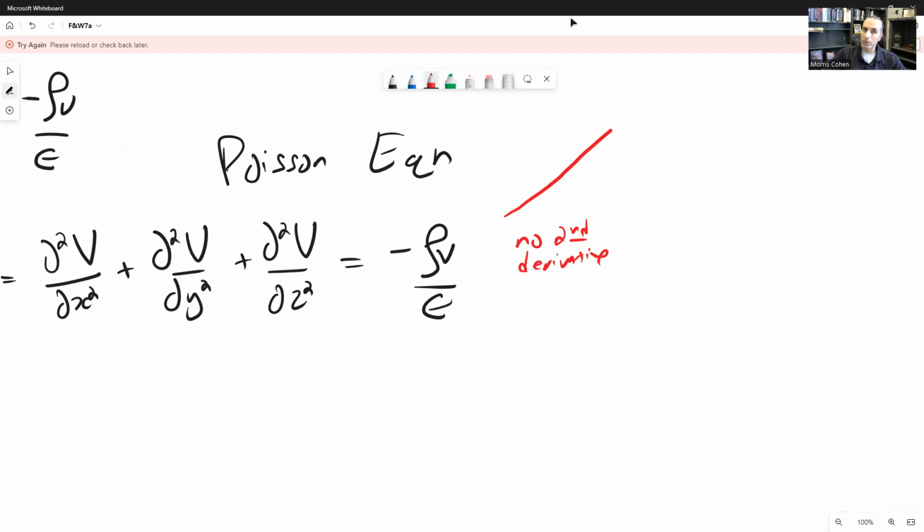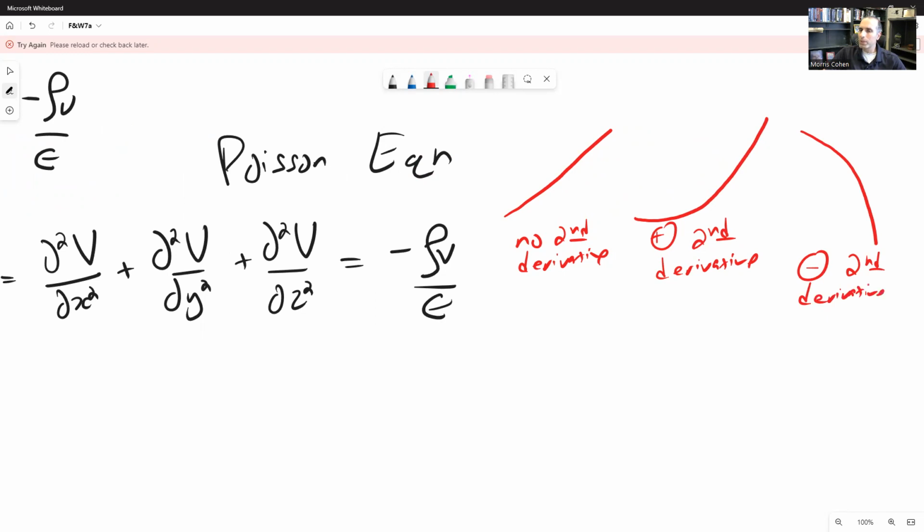If we have curvature to this, then there is going to be a second derivative. So for example, this would be an upward curvature. And this would imply that there is a positive second derivative. And alternatively, we could have a declining curvature like this. This would be a negative second derivative.